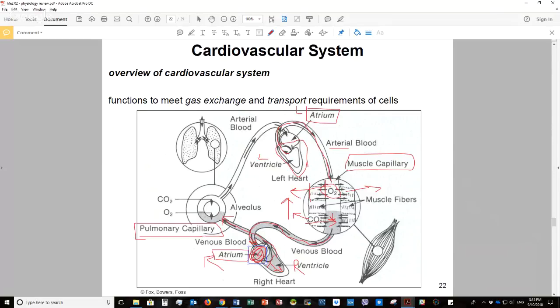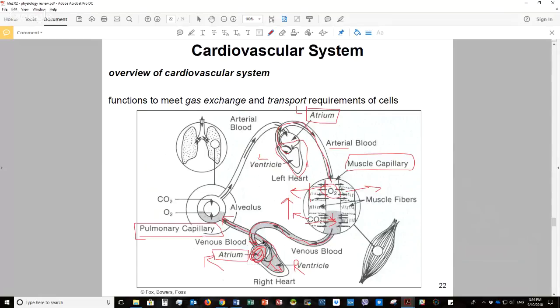Now, this can be kind of confusing if you ever hear something referred to as... well, any vessels that carry blood away from the heart are considered arteries, and vessels that carry blood back to the heart are considered veins. If you remember that, then you won't get confused.